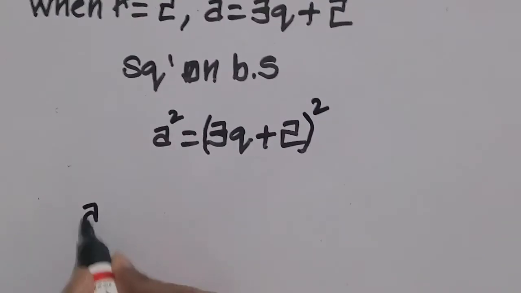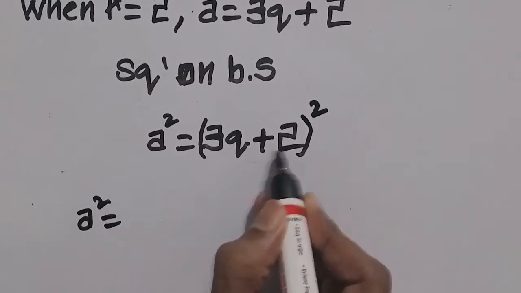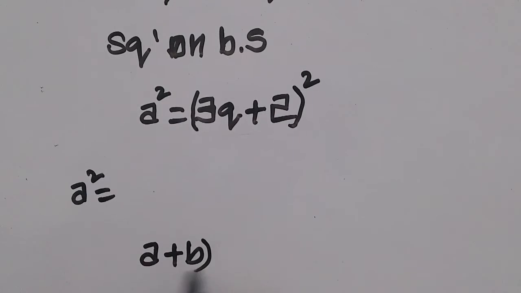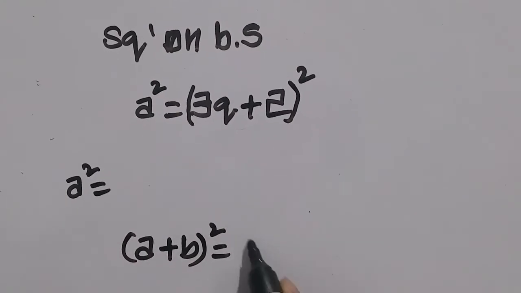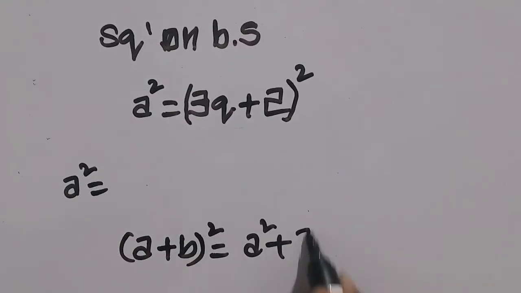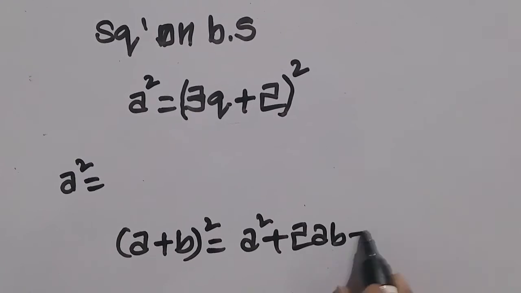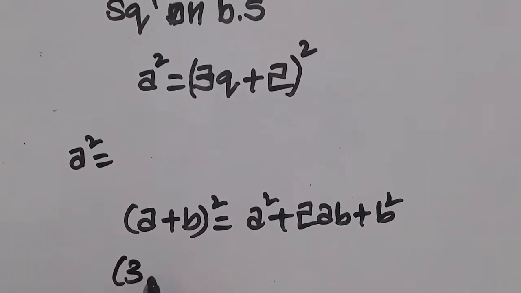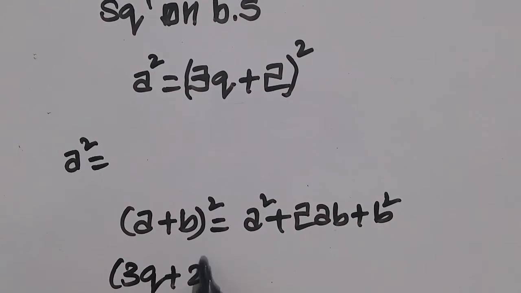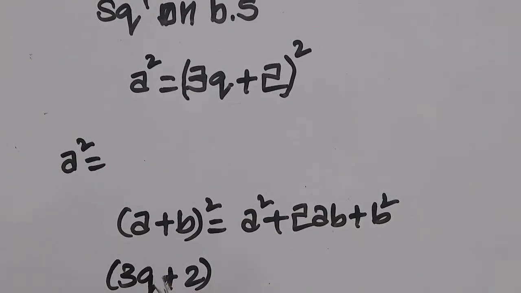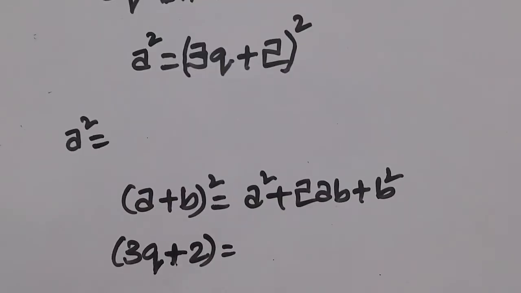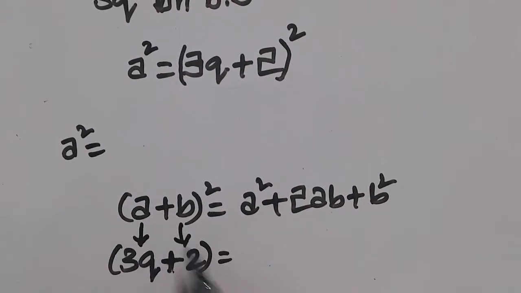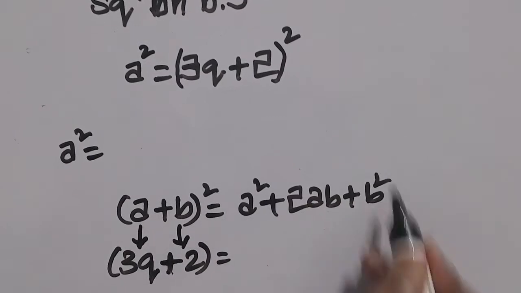Now LHS as it is, write down. Now this RHS is in the form of a plus b, just now I said a plus b whole square is equal to a square plus 2ab plus b square. Now 3q plus 2: a means 3q, b means 2. Now we'll substitute in this RHS.